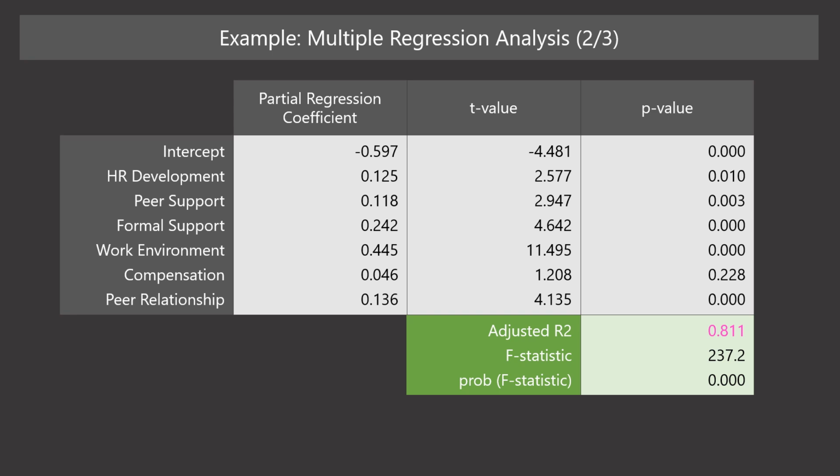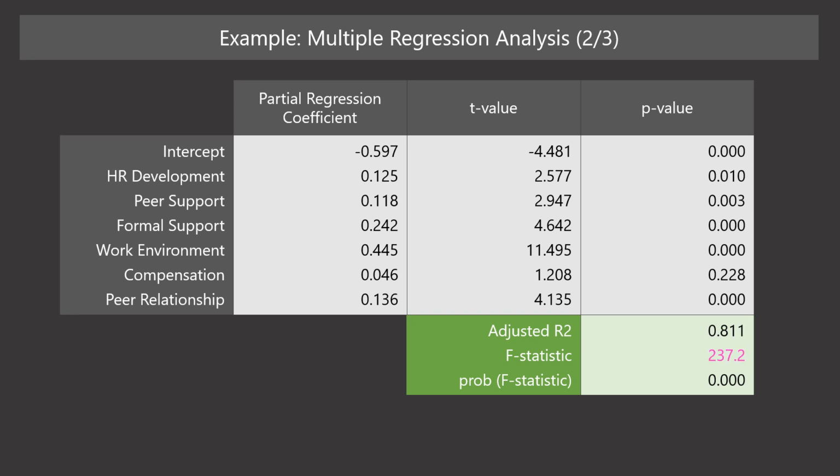If it is 1, the data perfectly fits the regression model, so the predicted values of the dependent variable are perfectly the same as the observed values. If it is 0, the predicted values of the dependent variable are no better fitted than the average of the dependent variable. I will provide you with a more detailed explanation of this metric in the next chapter.